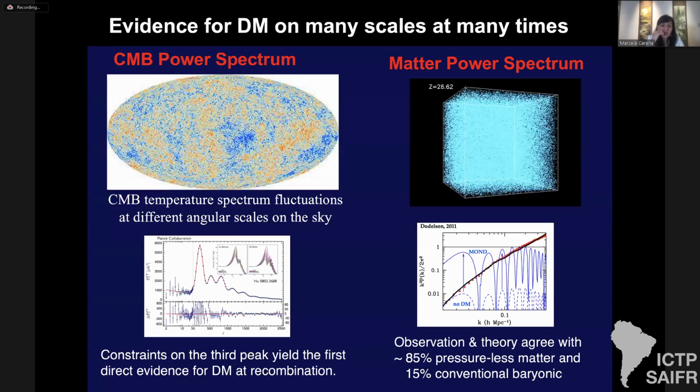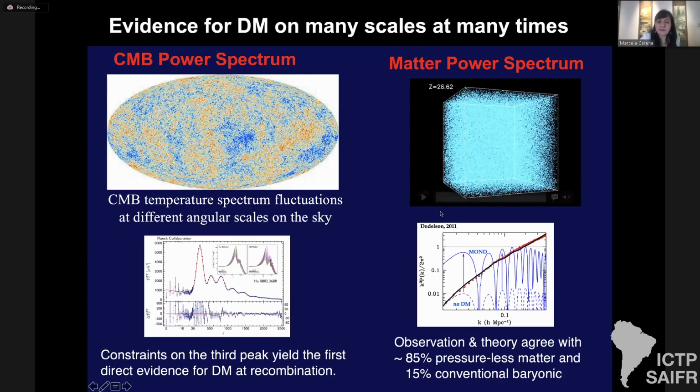So the shape of this power spectrum, so we see here the CMB temperature fluctuations, and the shape of this power spectrum gives us information about dark energy, about baryons, and also about dark matter at recombination time.